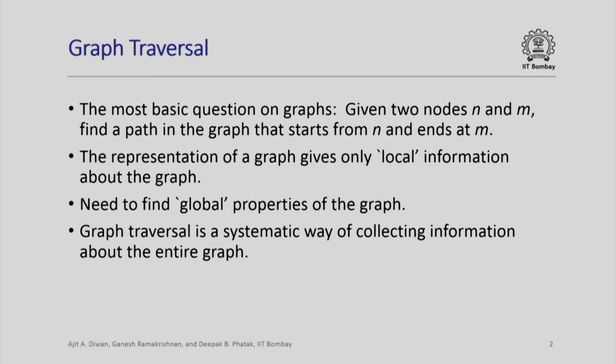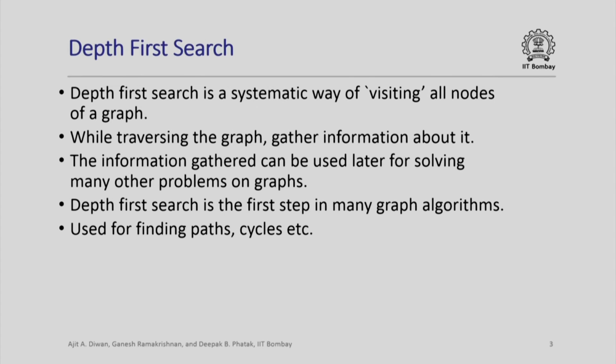And a graph traversal is a systematic way of collecting information about the entire graph. We gather the information by traversing the whole graph in a systematic way, and this information then can be used to solve many other problems on graphs. So, we look at one such method, which is called depth first search, which is a systematic way of visiting all nodes of a graph.